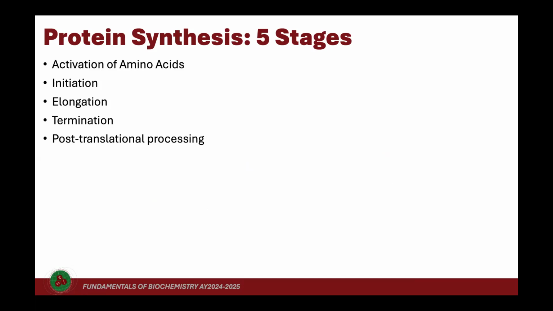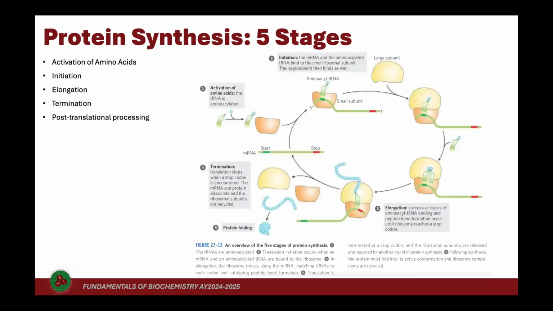And then we will also talk a bit about the last stage, which is the processing of your protein product. So, as an overview, your ribosome is composed of 2 subunits. These 2 subunits need to assemble before they can proceed with the synthesis.